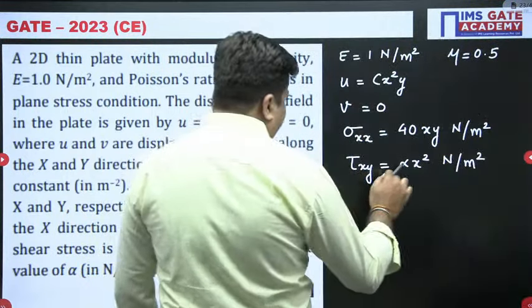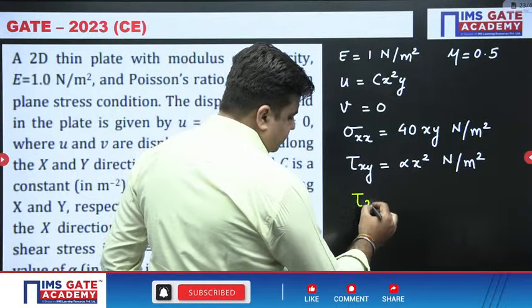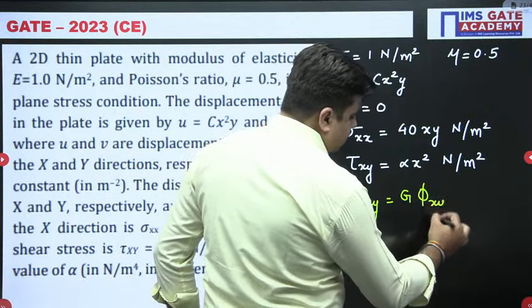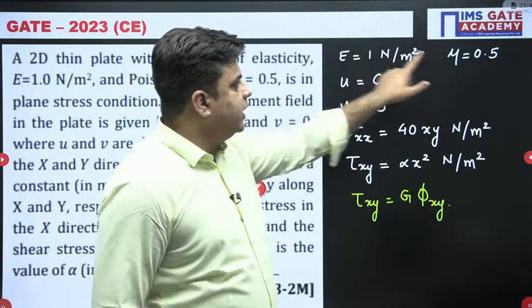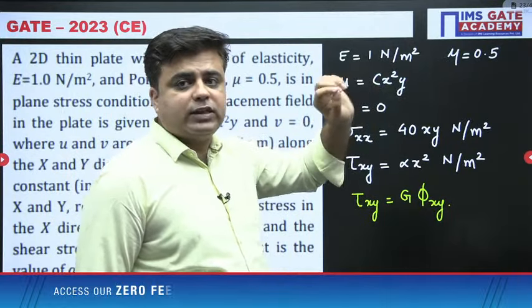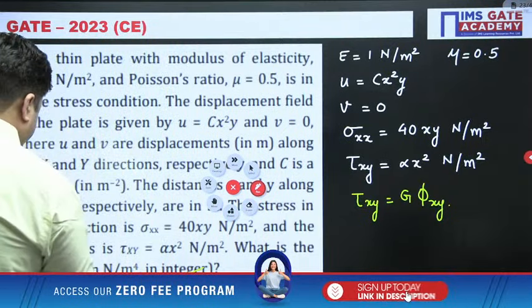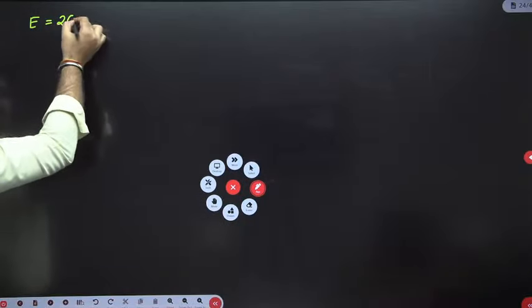For calculating this alpha, I have only one relation, that tau xy is equal to G into phi xy. Do I know the value of G? Yes sir, I know the value of G because I know the value of E and mu. So first calculate the value of G. E is equal to 2G into 1 plus mu.